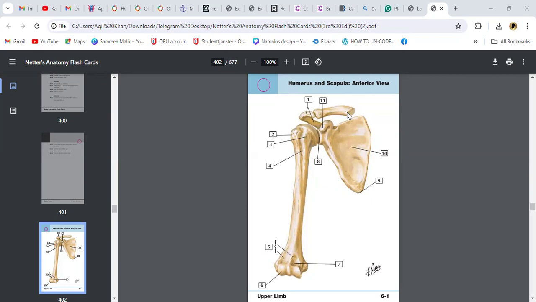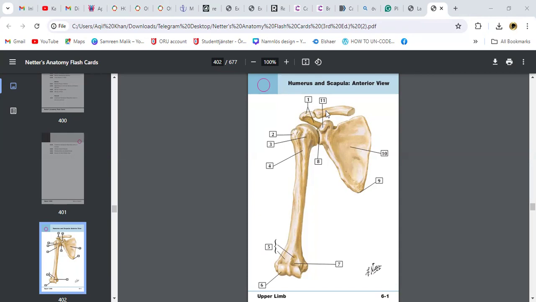The weakest point is between the medial two-thirds and lateral one-third, where fractures most commonly occur. As you know, in children, complete fracture never occurs. It's always a greenstick fracture that takes place. So this is something that you have to remember.